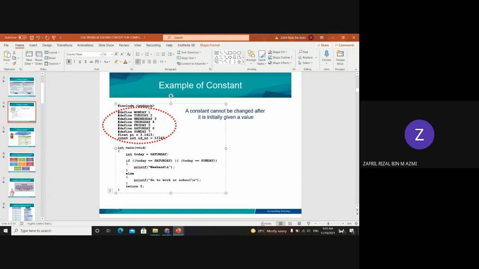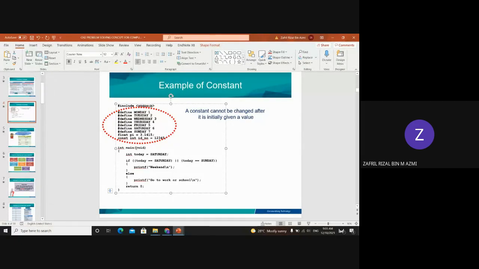So each specific programming language most of the time has its own library. Inside of this library, it is storing many predefined functions.